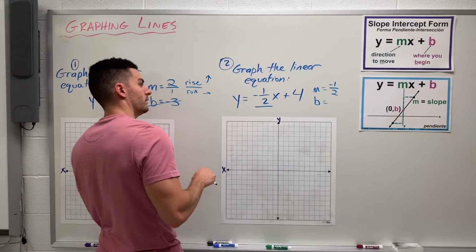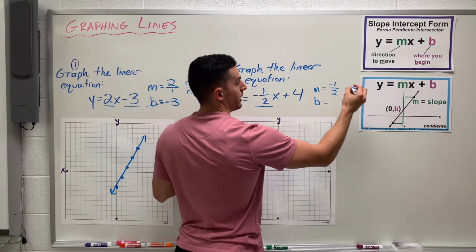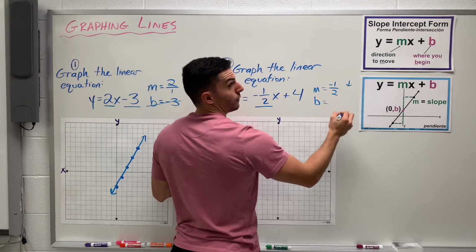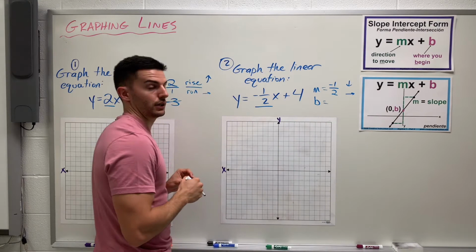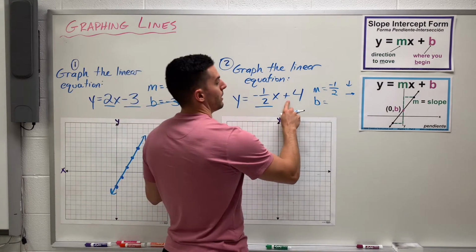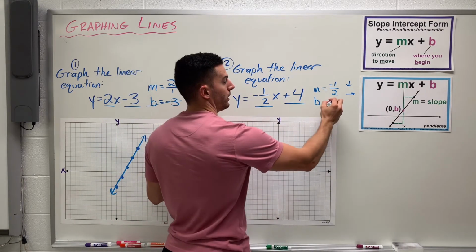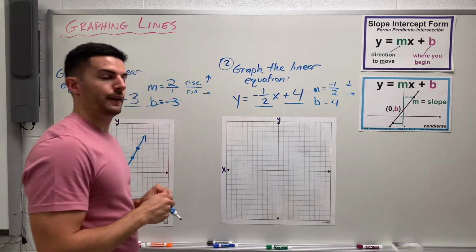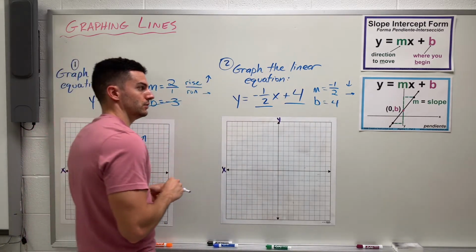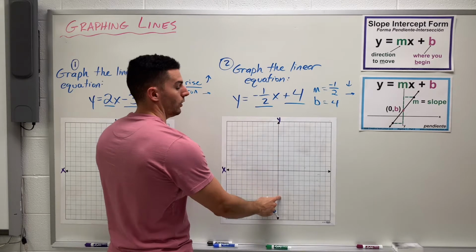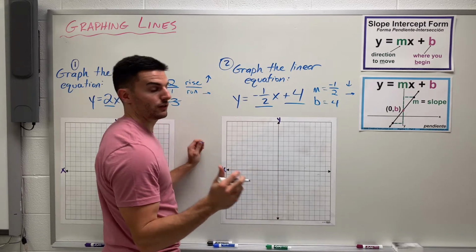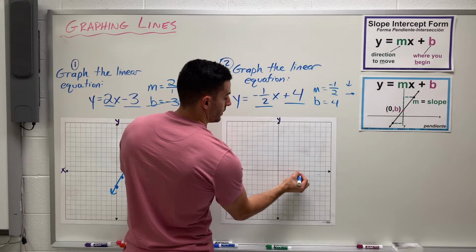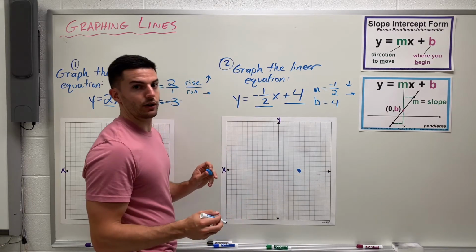So negative 1 over 2 is my rise over run, and that means I'm moving down 1, right 2. And then my b value is the second number, positive 4. So I'm moving down 1, right 2, and I start at positive 4, always on the y-axis. A really common mistake is to go, okay, positive 4, and that's where I begin on the x-axis and draw from there.